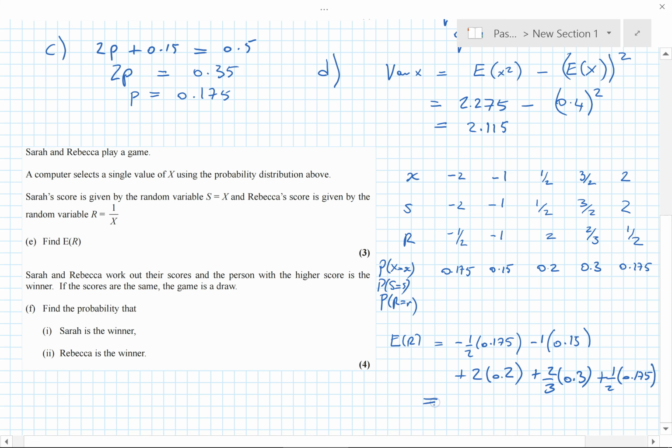Okay, I'm working all that out. That comes to 0.45. So that's a little bit less standard, we have to rewrite the distribution with the probabilities and start again, and there's no shortcut to it.